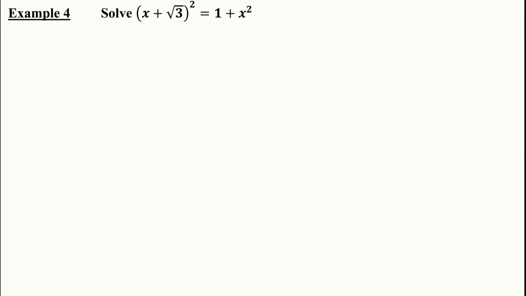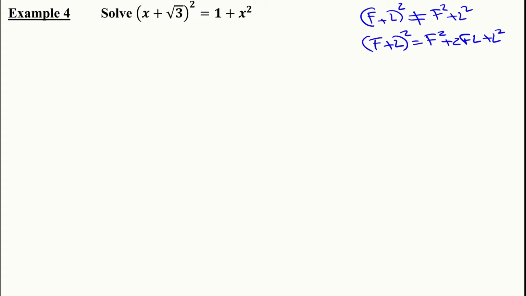All right, here we have one more quadratic to look at. This time we're going to square this side, so we have to be very careful to realize that when you have a first item plus a last item squared, that is not going to be f squared plus l squared. The correct formula is (f plus l) squared equals f squared plus 2fl plus l squared.